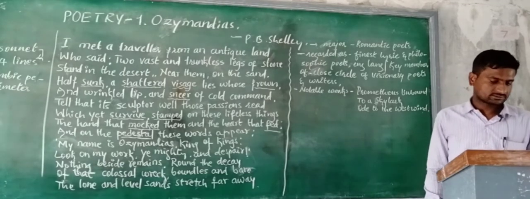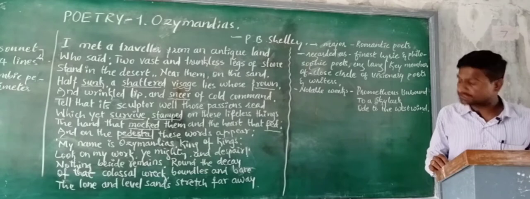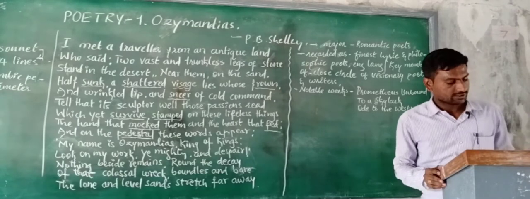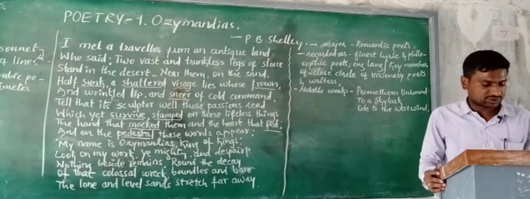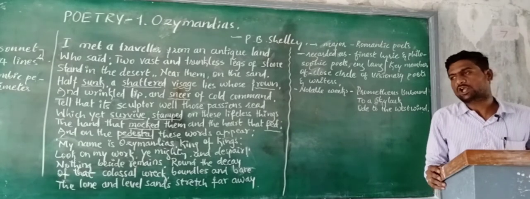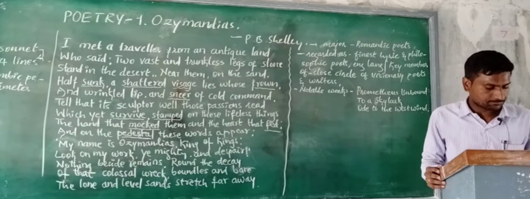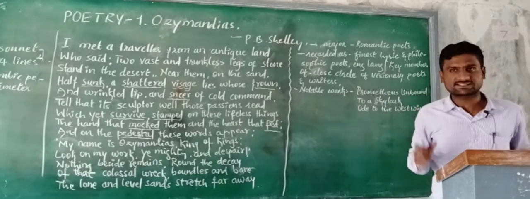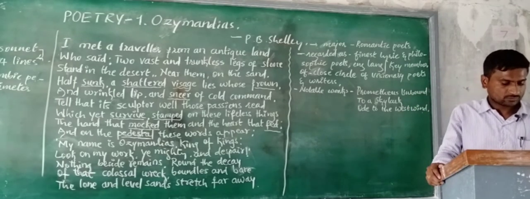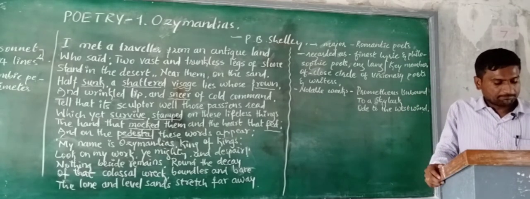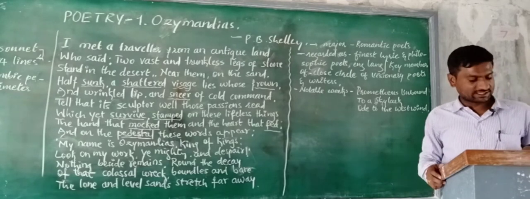And dear students, the present poetry describes the broken statue of that king Ozymandias, and that explains the impermanence of earthly things.